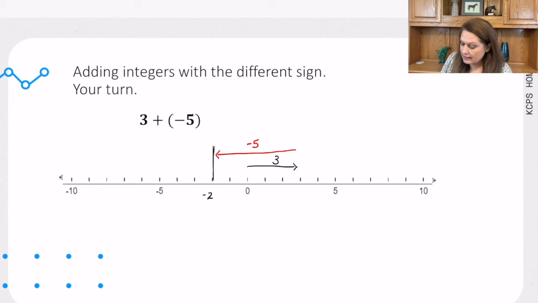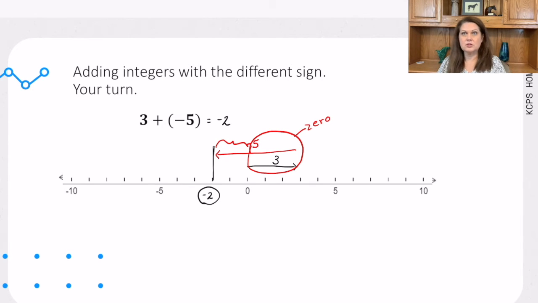Here's where I landed. So I'm at negative 2. Notice this portion right here that creates my 0. And this is how much I have left over. I'm 2 spaces to the left of 0. So that represents my negative 2.